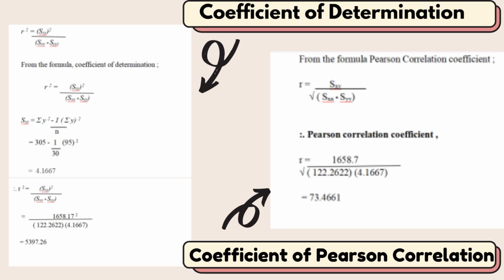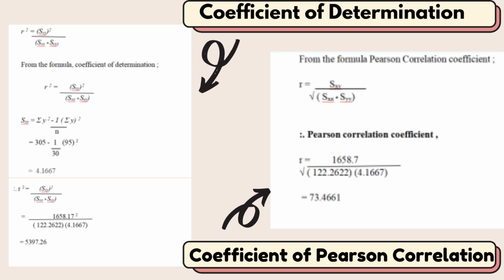Next up is the Pearson correlation coefficient. Correlation exists between two variables when one of them is related to the other in some way. The Pearson correlation coefficient measures the strength and direction of a linear relation between the two variables. The symbol for the sample Pearson correlation coefficient is r. The symbol for the population correlation coefficient is rho.